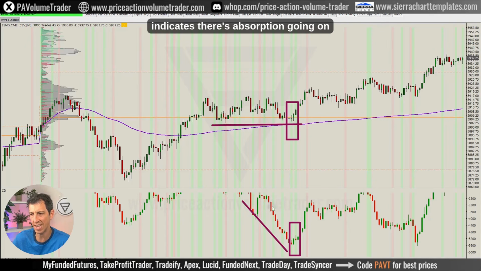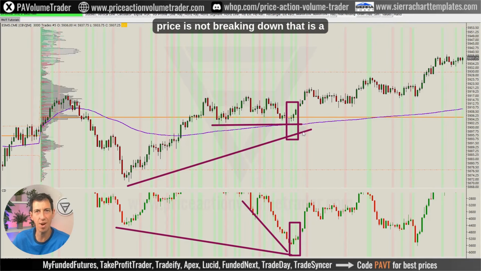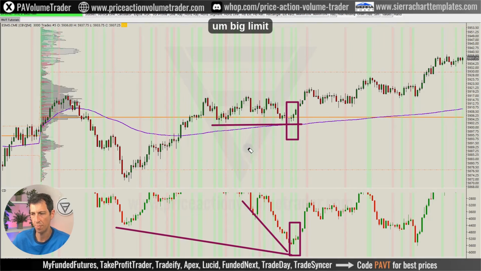So this indicates there's absorption going on from all these aggressive sellers. Look at where price is here compared to delta. There's a lot of pressure of aggressive sellers, and yet price is not breaking down. That is a clear signal that we have big limit participant absorption to the upside.